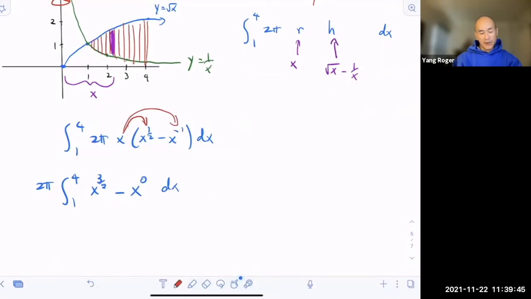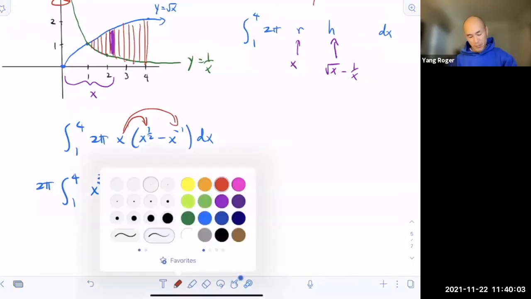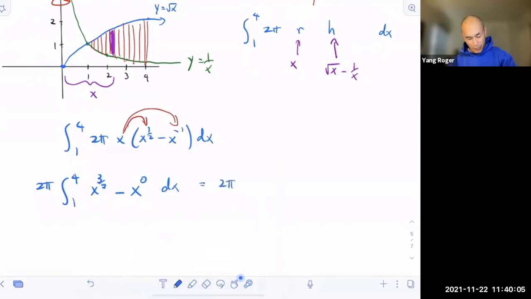It's in preparation for these types of problems. Some of us still don't really distribute. We make up some crazy fake product rule, but you've got to distribute. Makes sense. So as Luis says, this part becomes 1. So it becomes 2 pi, integral from 1 to 4, x to the 3 halves, minus 1 dx.